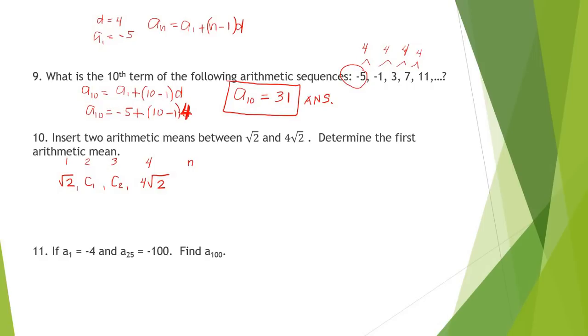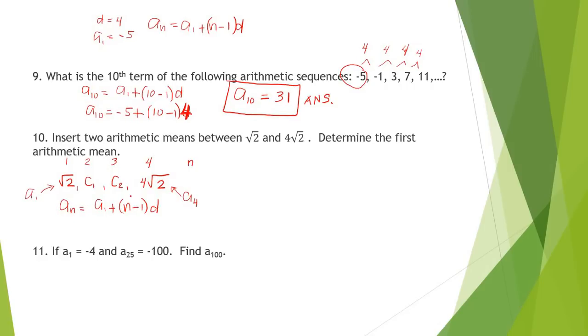Okay, we can use our equation. We have a sub n is equal to a sub 1 plus n minus 1 times d. So this is our a1, and this is our a4, the fourth term.